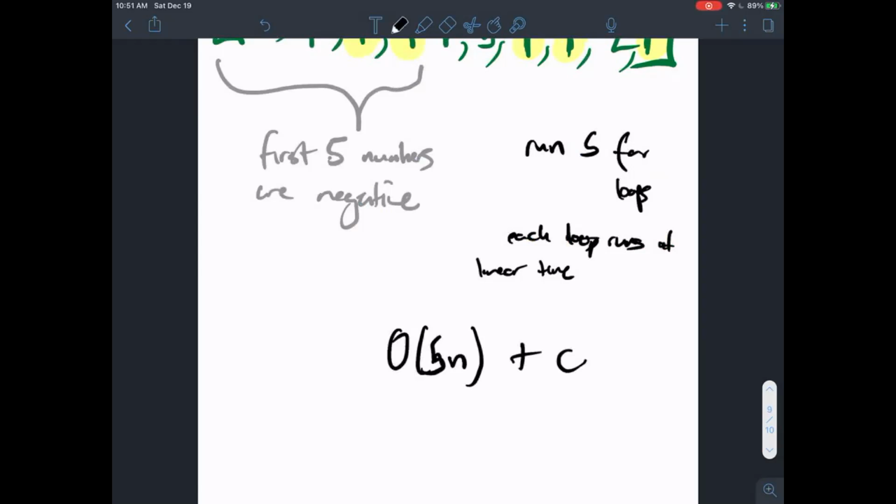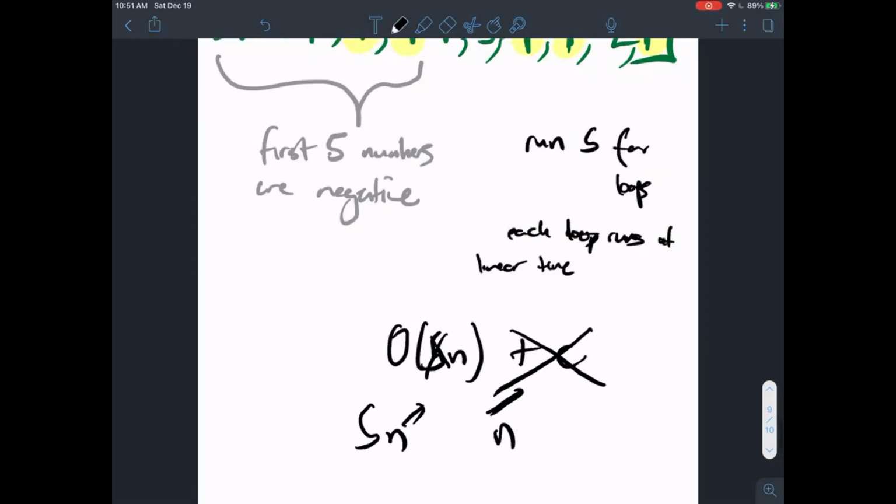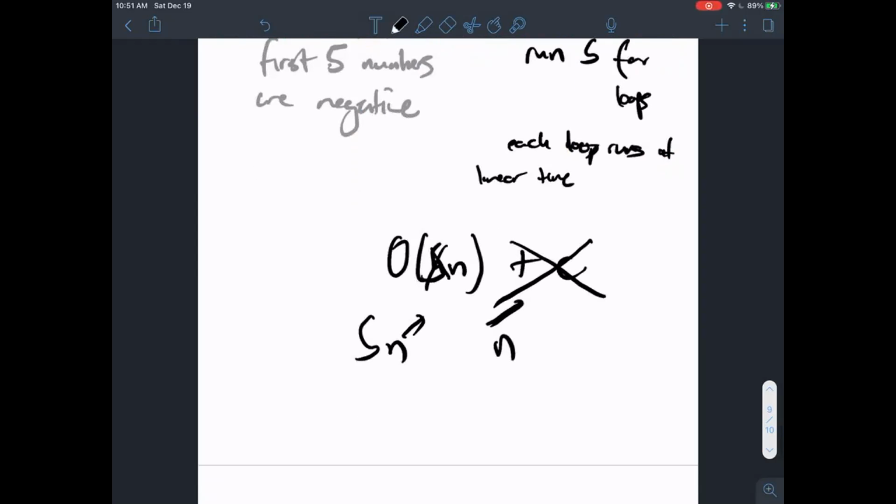But then we know that we throw away the constant, then we also throw away this other one, because there's no difference in the big picture between 5 and n. The growth of these two is just the same. So sometimes, if they say we need a solution to be in linear time, most people will just think you should only have 1 for loop.